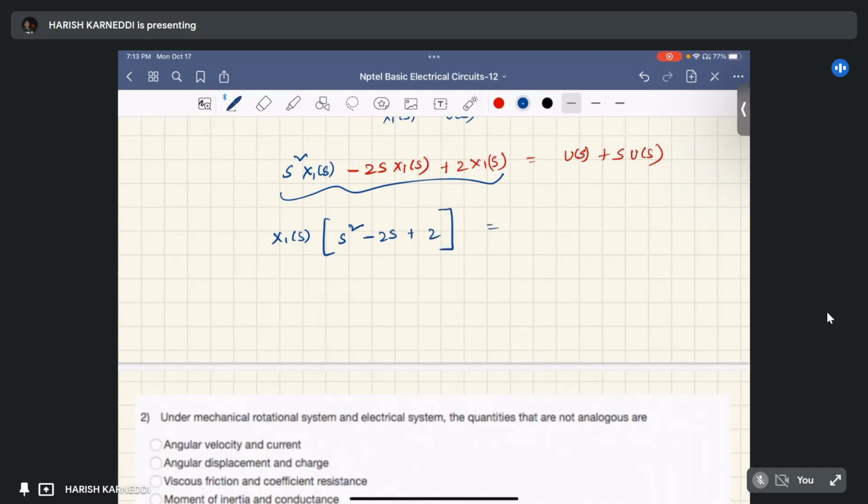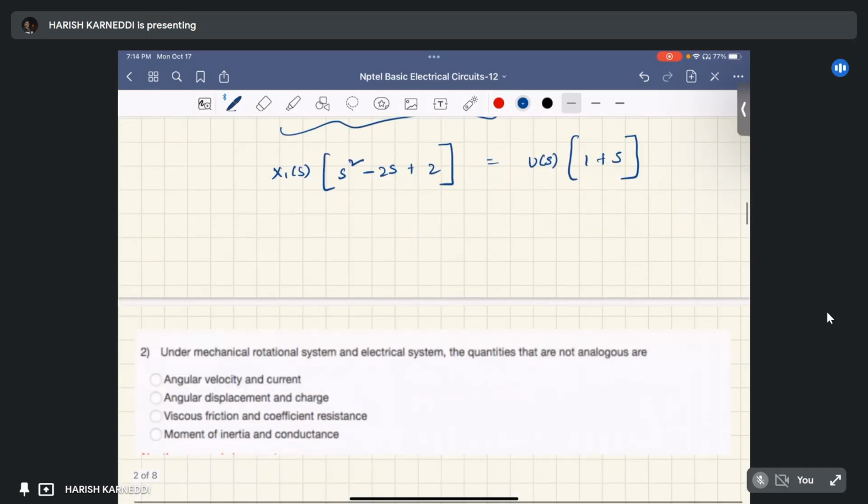From the right hand side equation you can common u of s. It will be 1 plus s. Now you can write x1 of s equal to 1 plus s by s square minus 2s plus 2 into u of s. We can write like this.